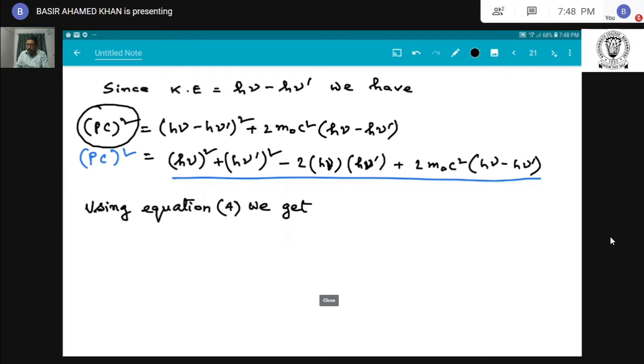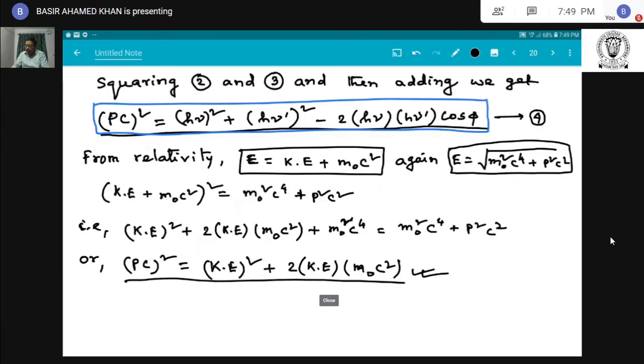(PC) square equal to (h nu) square plus (h nu prime) square minus 2 h nu into h nu prime cos phi. This is equation 4.